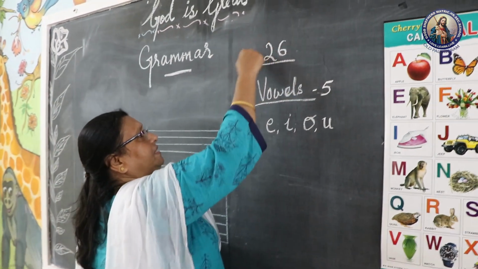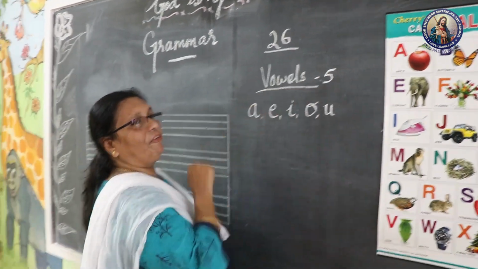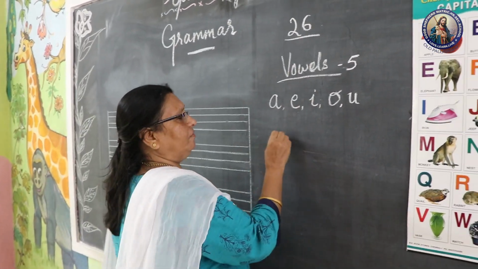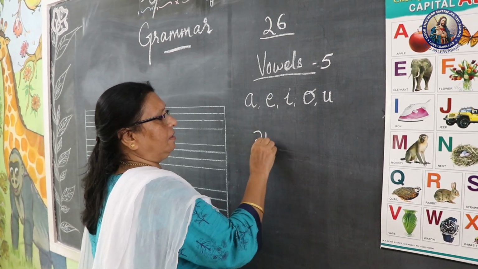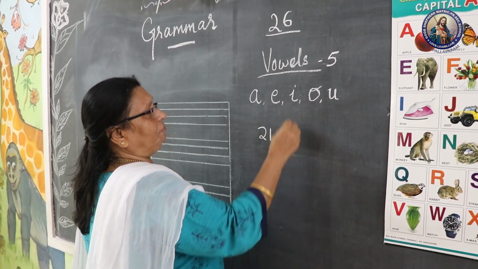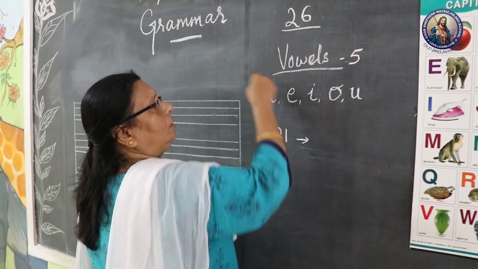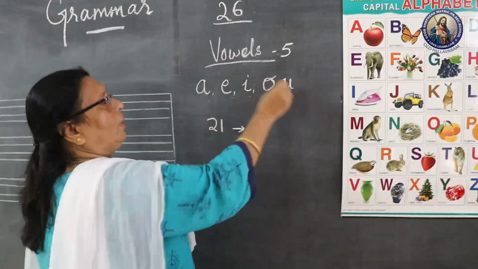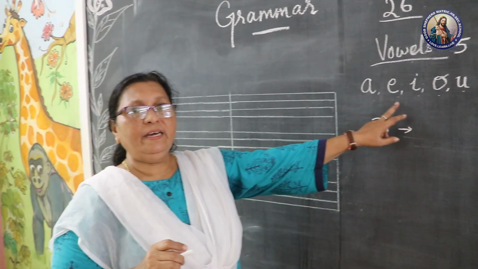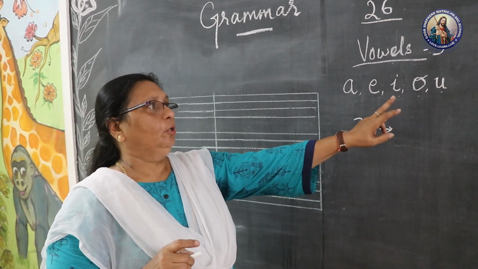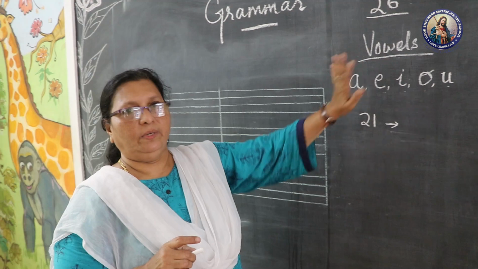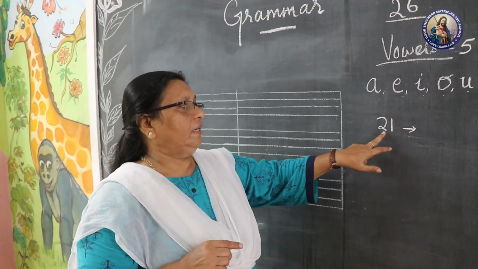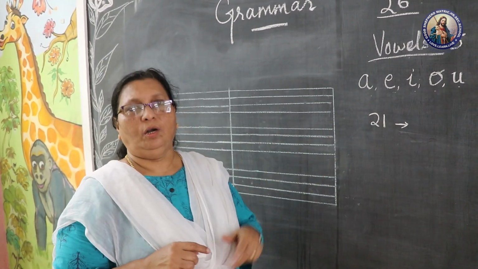So out of 26, if I take away 5, I have 21 remaining. If these 5, A, E, I, O, U, are called vowels, what are the other 21 called?